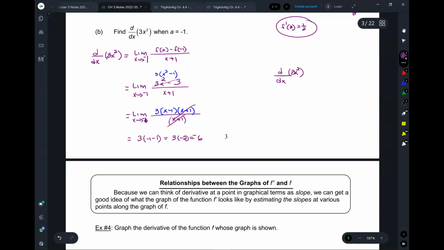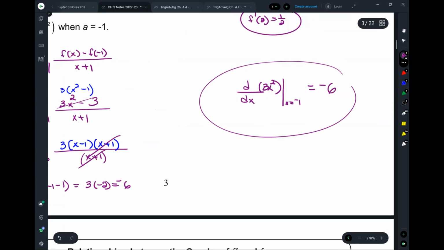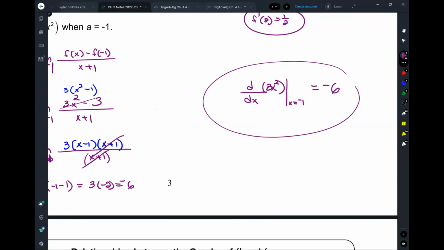Now watch the notation, clever little notation. Vertical line means evaluated at x equals negative 1, equals negative 6. Yeah, so this is proper notation.